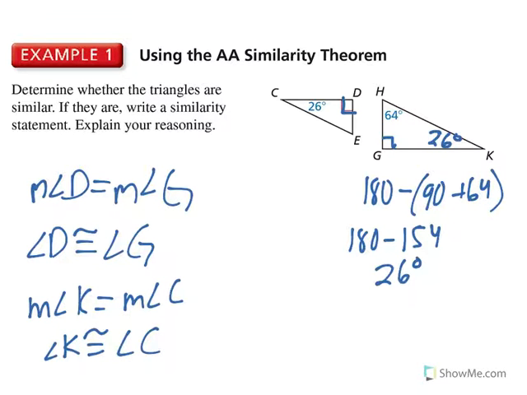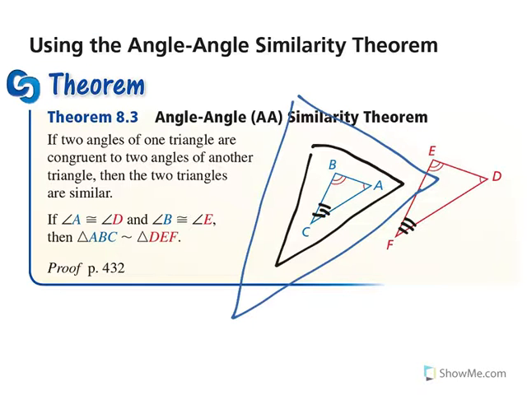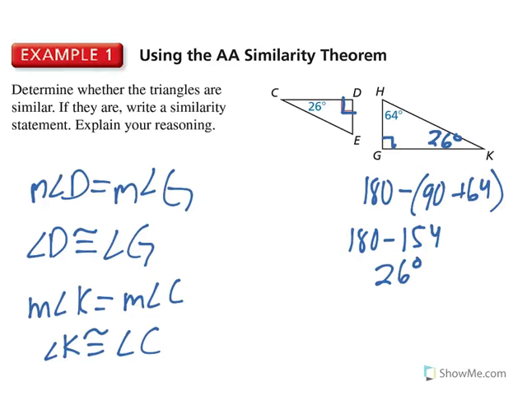So if I have two angles that are congruent, looking back at my similarity theorem, then I can say that those triangles are similar.